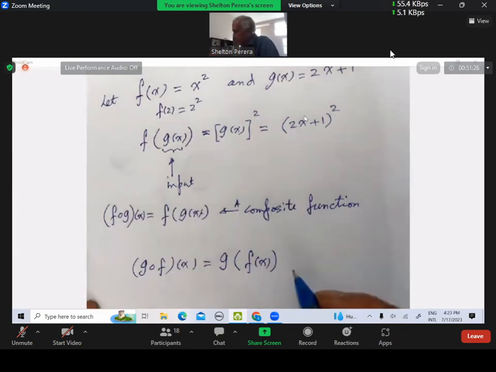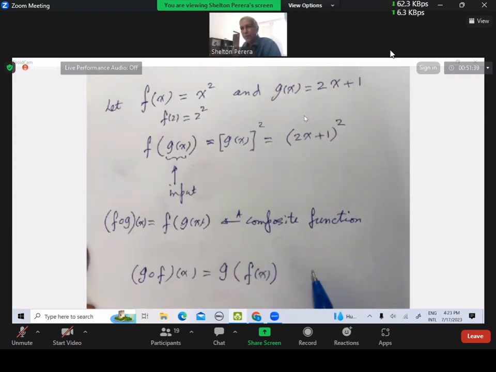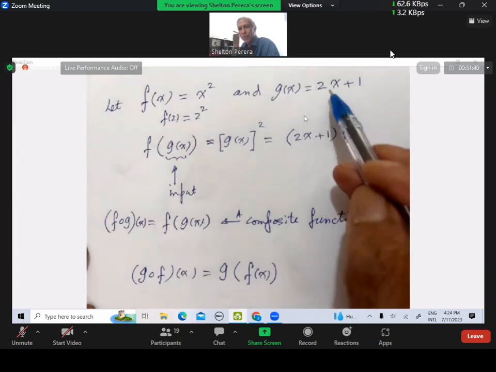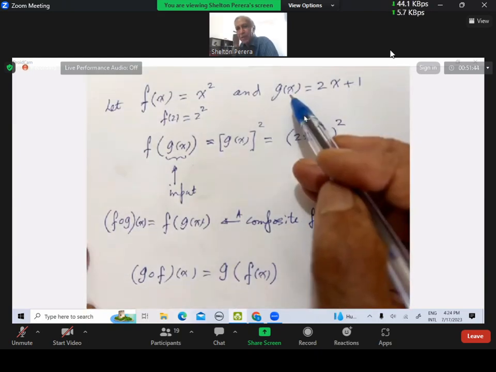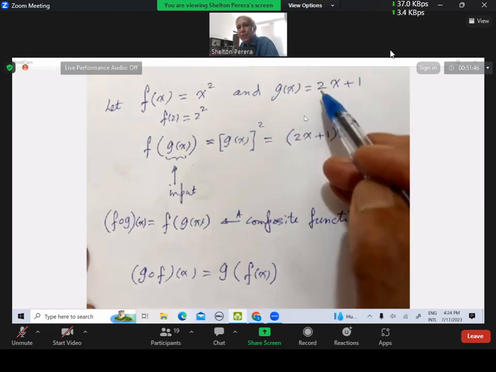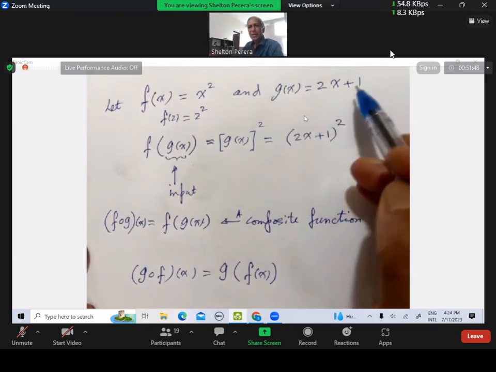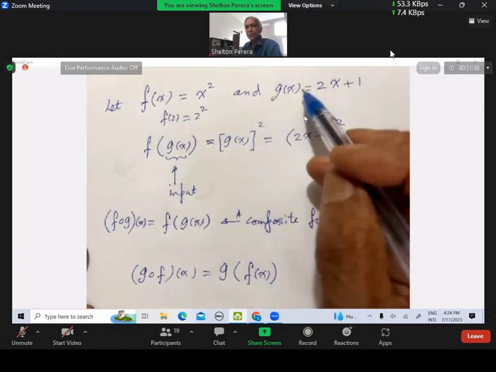That is equal to, what is the input for the function g now? It is f of x. What is g of x? G of x you see here is 2x plus 1. G of the input is equal to 2 times input plus 1.